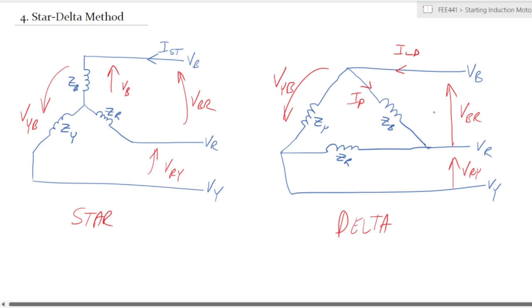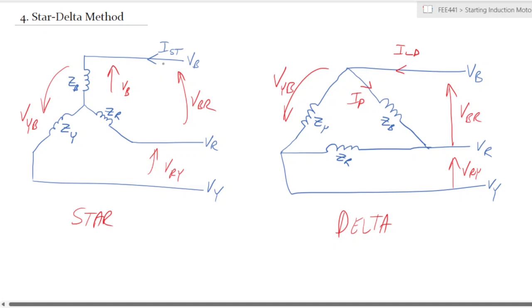So in this case, VBR is a line voltage, but phase voltages are defined by a single letter. And we'll be looking specifically at this winding denoted by ZB, which is the impedance of that particular winding for purposes of our discussion.